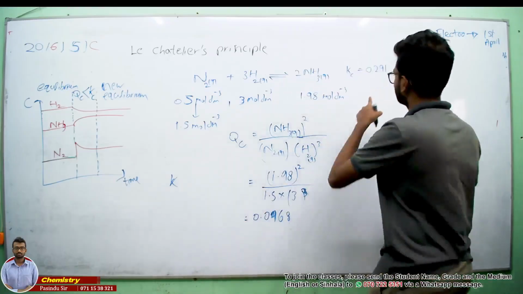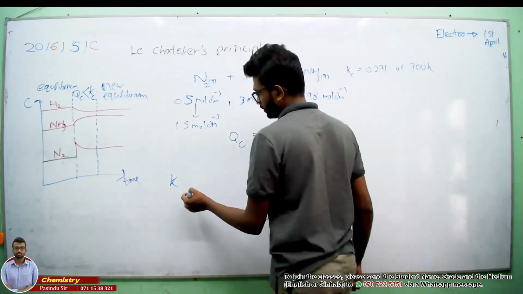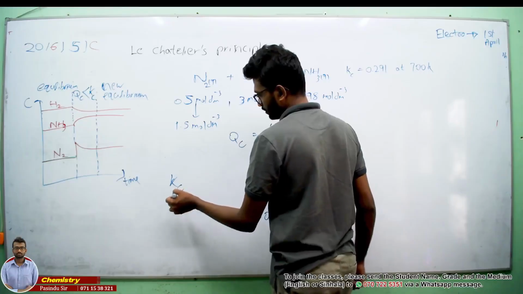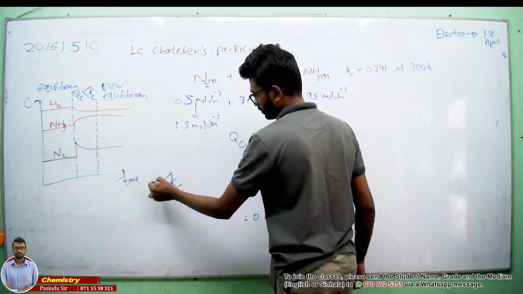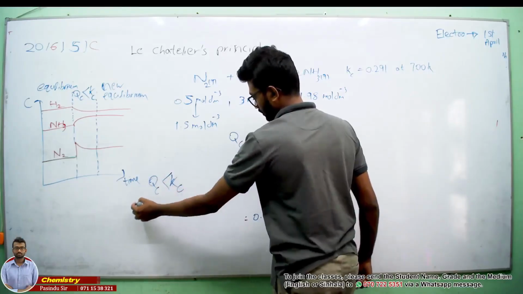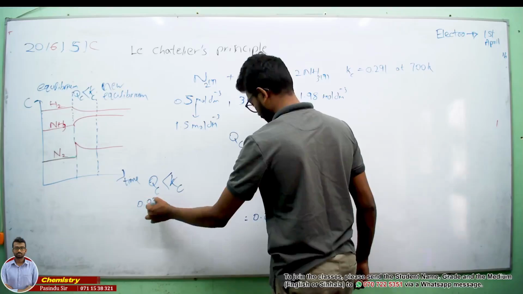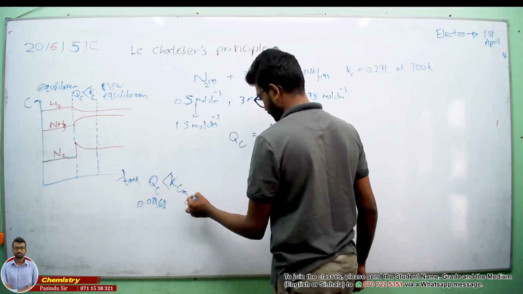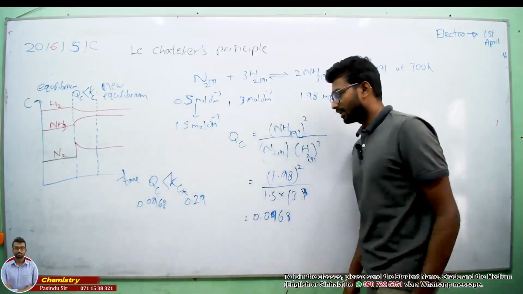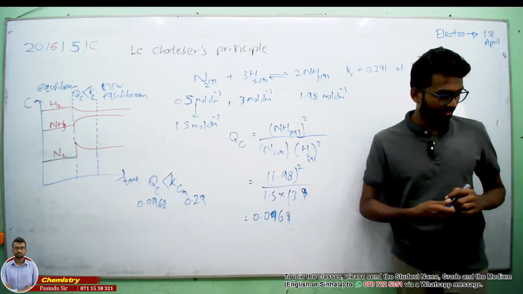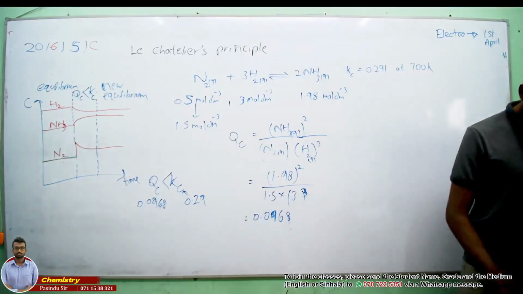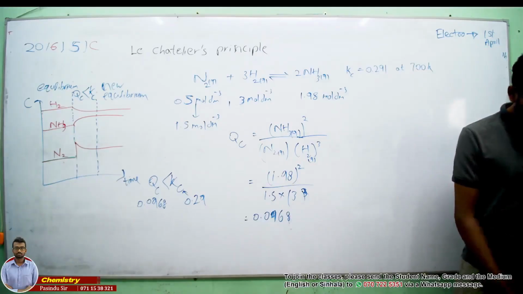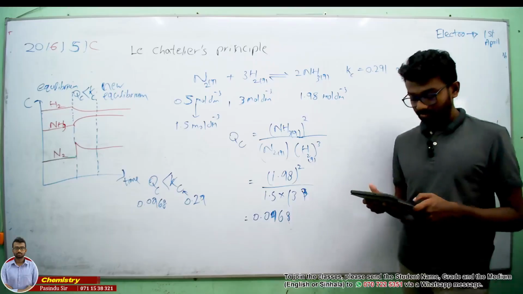Kc is this one, 2.9, right? Kc is 0.0968 and this one 0.29. Right, until it reaches Kc, the reaction will happen. It's enough. Then write down the next small topic.